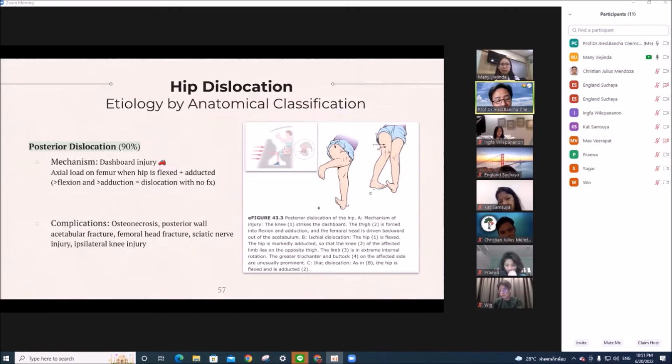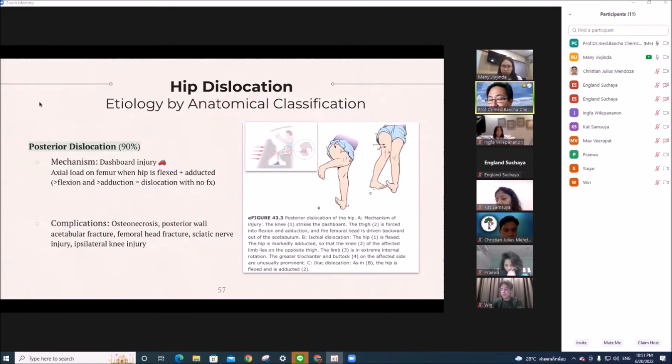Yeah, if the deformity is obvious, like flexion, adduction, internal rotation, like the first picture, that means this is a simple dislocation. But if you have less adduction and less internal rotation, that means it's not the classic dislocation.